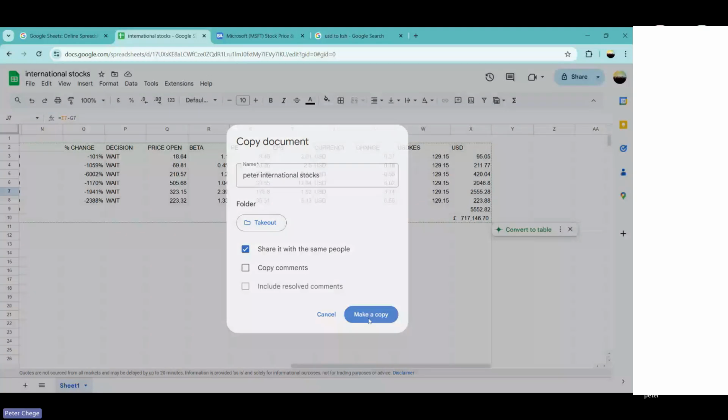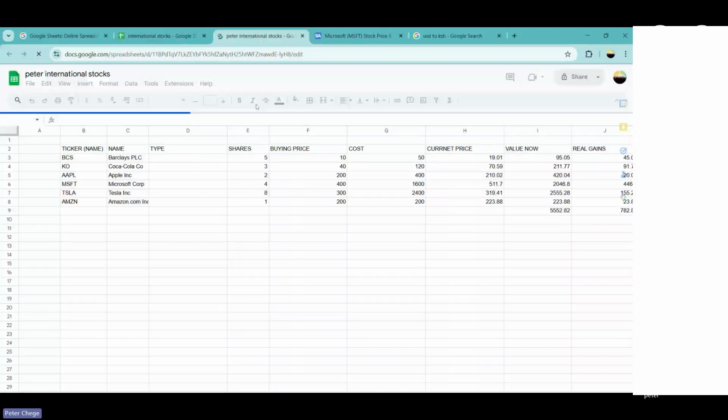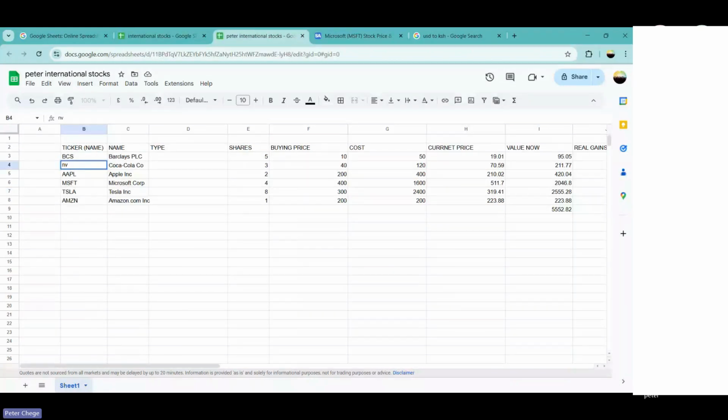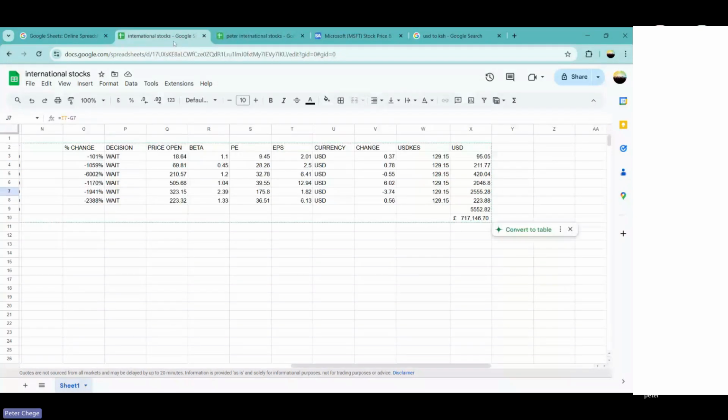Like that one and this one are two different. Why? If I change, let's say here it's Nvidia. I'm not sure whether that is the code. I'm sure this is not the code. Yeah, that's not the code. I've changed these. If I go back to this other one, it has not changed.